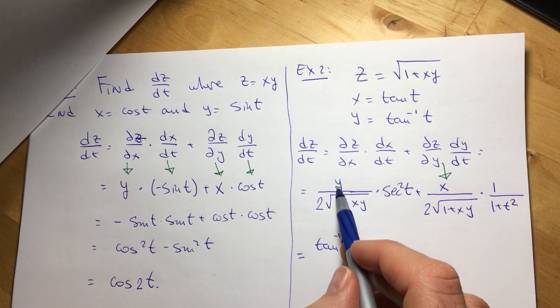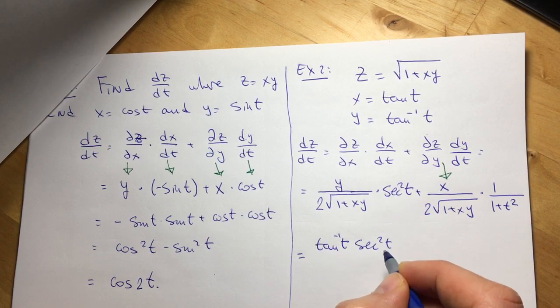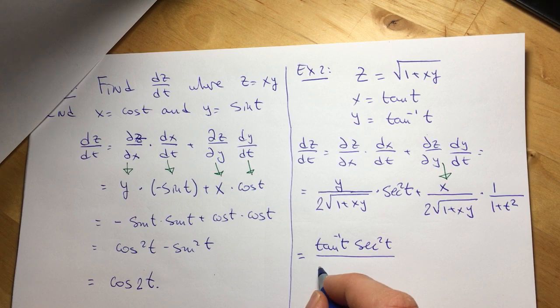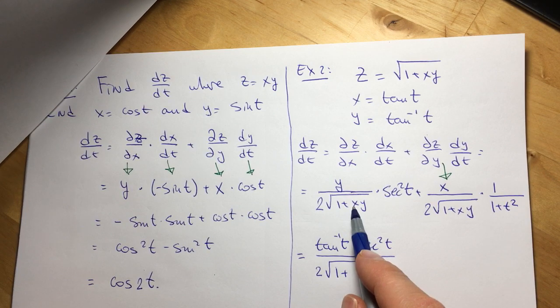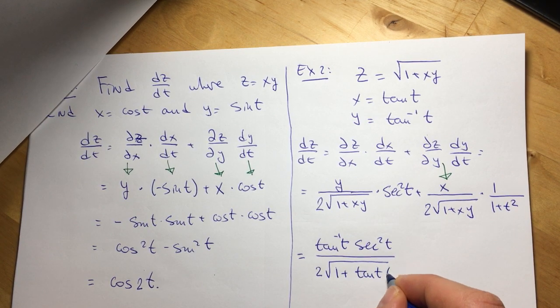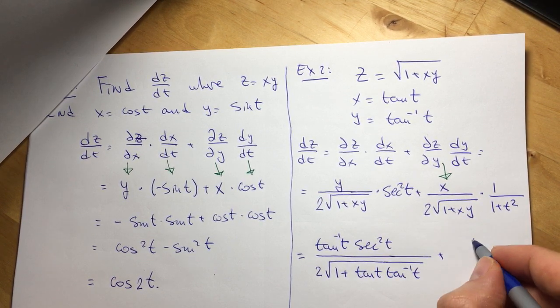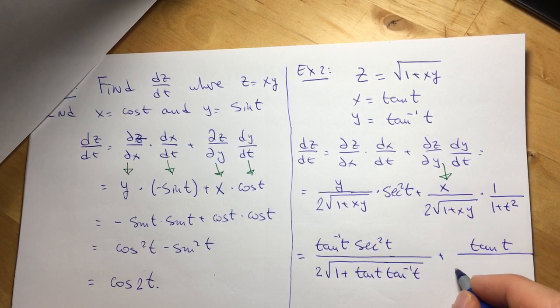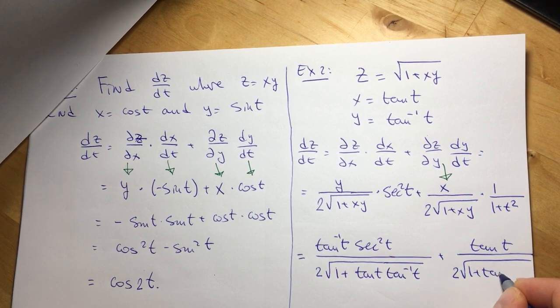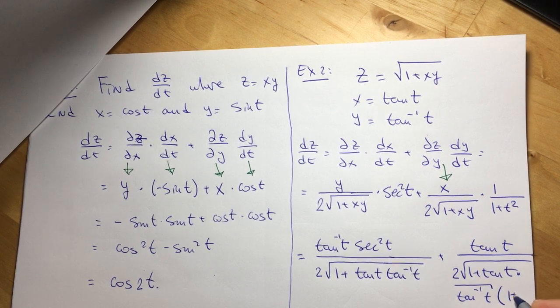So here I have arctangent of t for y times secant squared of t over 2 times square root of 1 plus x times y, and that's tangent of t times arctangent of t, plus x, which is tangent of t over 2 times square root of 1 plus tangent of t, and here within the root times arctangent of t, times 1 over 1 plus t squared. Now what can we factor out?